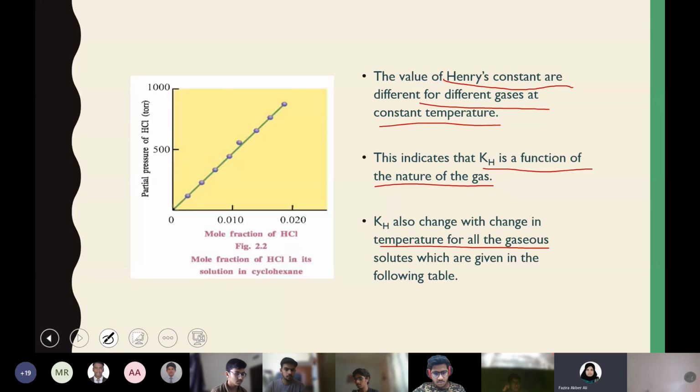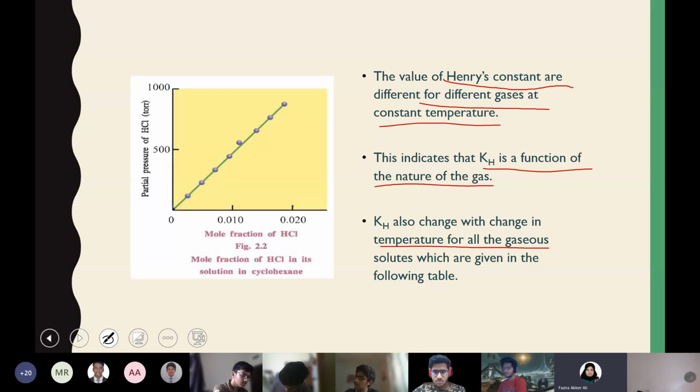The value for carbon dioxide will not be the same as the value for oxygen. So it depends on the type of gas that you're handling and also the temperature.